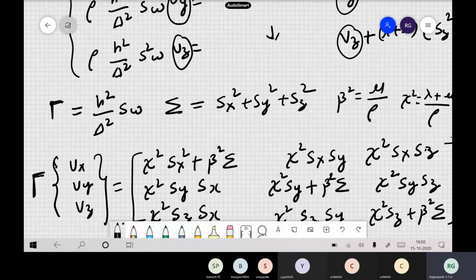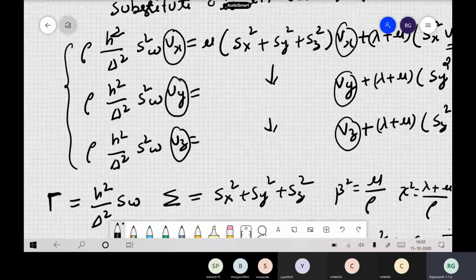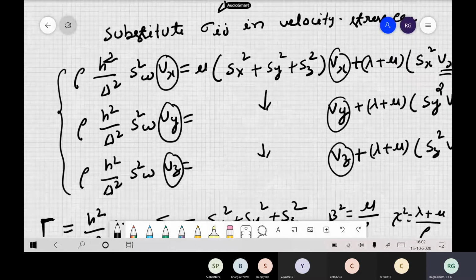In the one dimensional wave equation which you have written previously, how many velocities are there? So in the 1D wave equation, how many will be there? Yes, sir. Only one will be there, no? What is that one? That is only Vx. You followed? All other things will be 0.